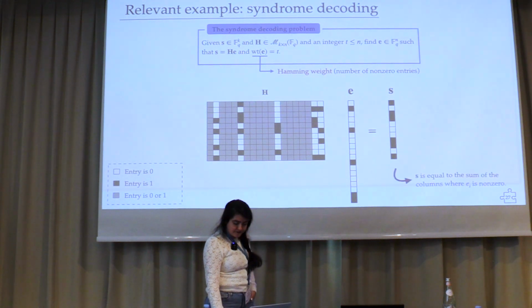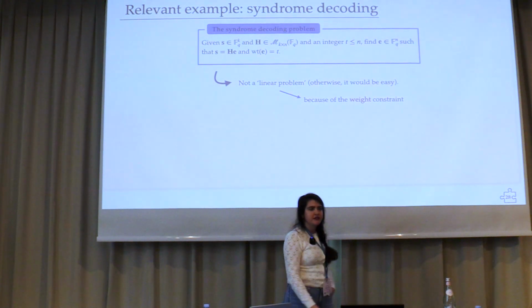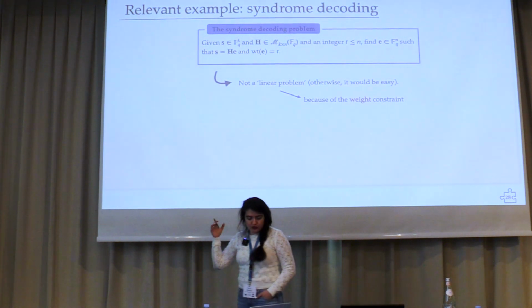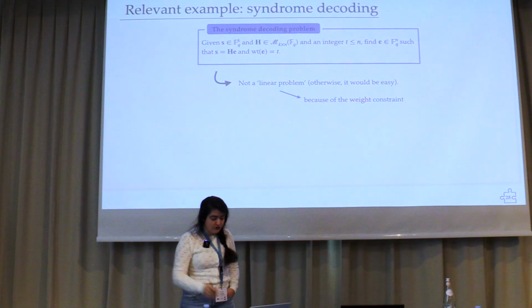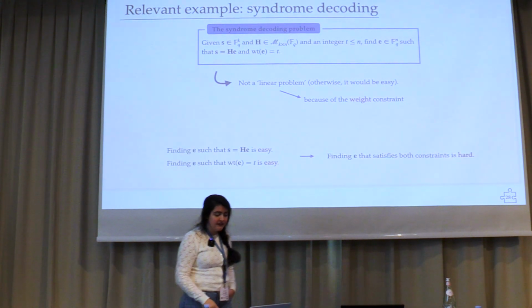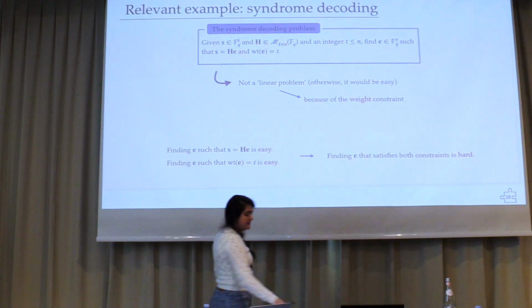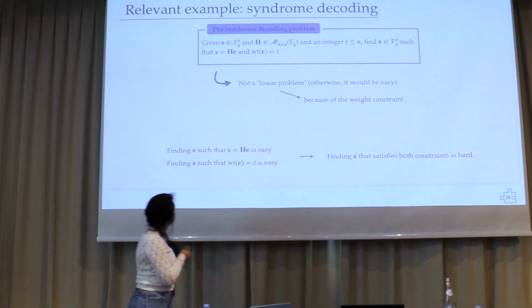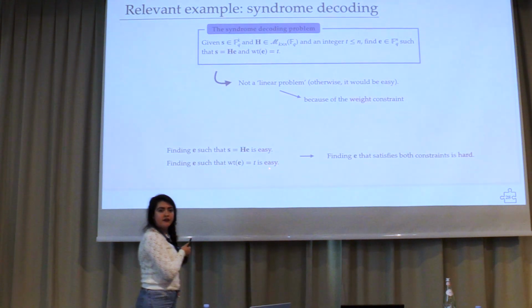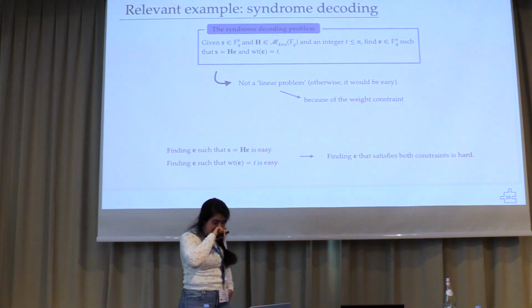As I said, s is equal to the sum of the columns where e_i is non-zero. Why is this a hard problem? It looks like a linear problem, it looks like linear algebra. It's not, because otherwise it would be easy, and that is because of this weight constraint. Finding an e such that the syndrome is equal to H times e is easy, it's linear algebra, or you can model it with equations and get a linear system.